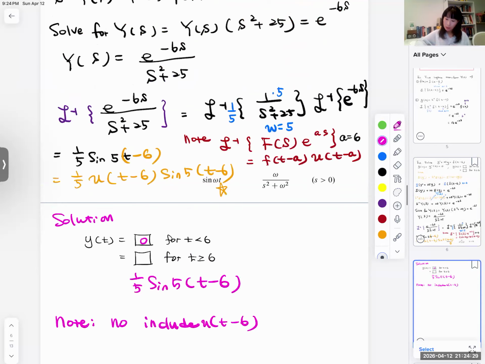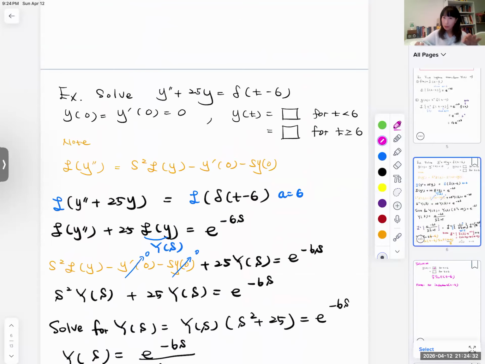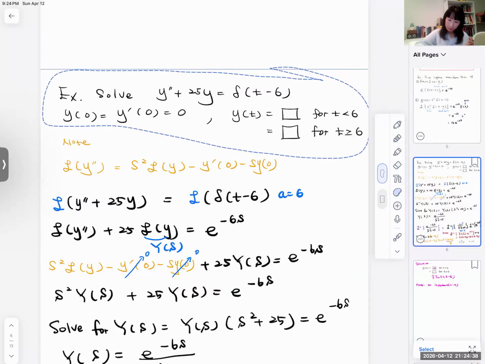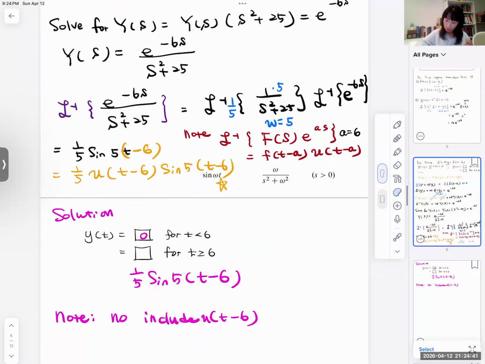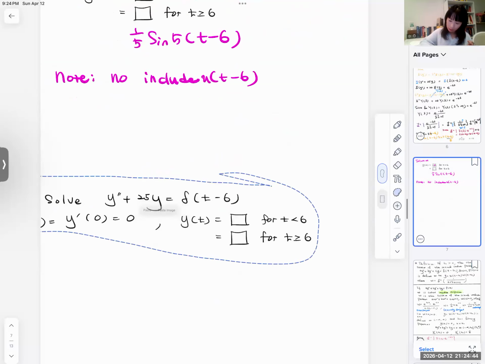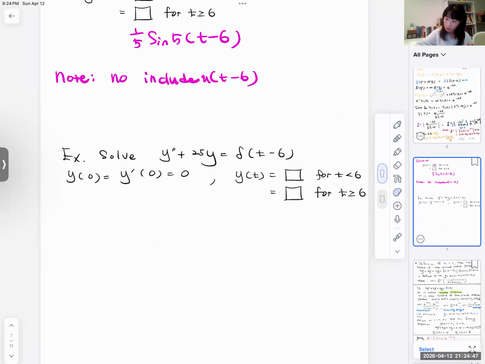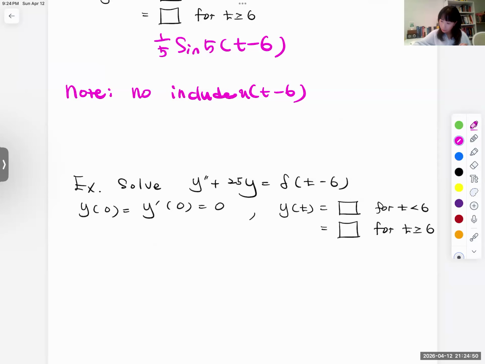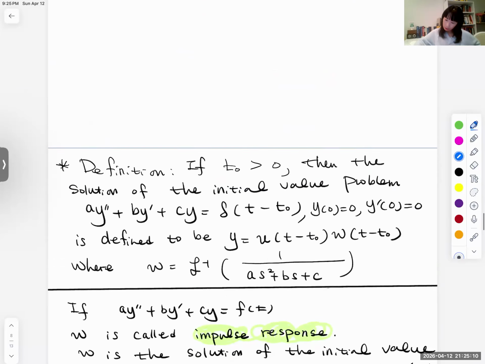Let me copy, and then I'm going to show you with that definition. So, another method, right? The definition says omega is here.